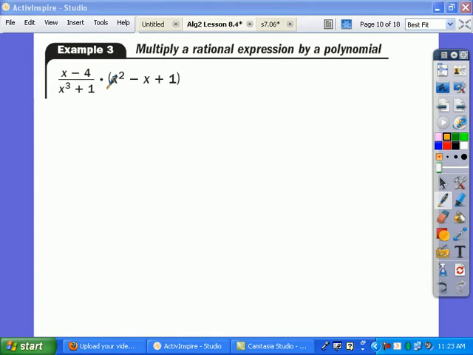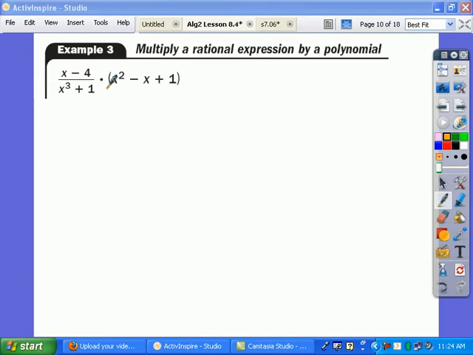Common denominator. How do you get a common denominator? By multiplying. So that's the reason we're doing multiplying and dividing today. It's going to lead its way into 8.5, which is adding and subtracting. And if you can do adding, subtracting, multiplying, and dividing, you're now ready to solve an equation in section 8.6. And then we're done with chapter 8.